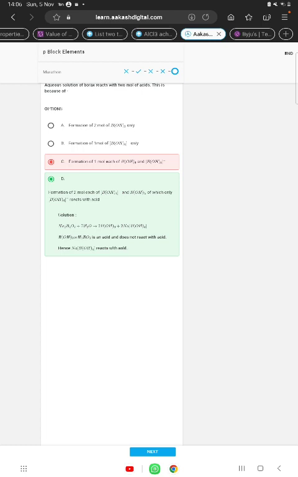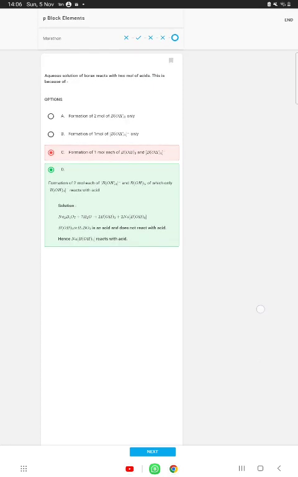Na2B4O7 plus 7H2O will give 2 B(OH)3 and 2 B(OH)4-. So 2 moles of B(OH)4- will be there. So the option will be D, student. Formation of 2 moles each of B(OH)3 and B(OH)4-, of which only B(OH)4- reacts with acid.